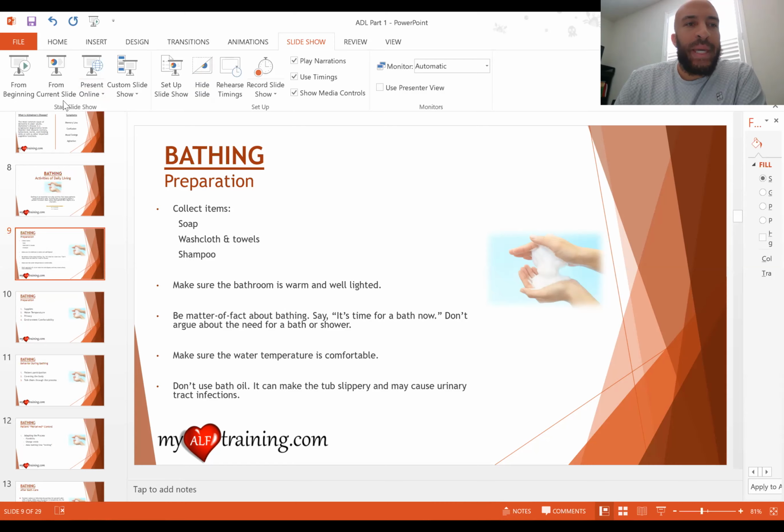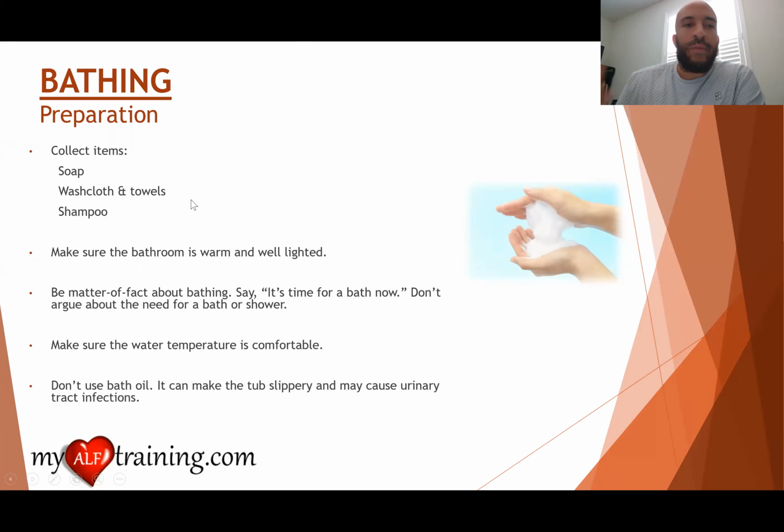So, bathing. First, preparation. When you're preparing to assist a patient with bathing and completing this ADL, you first start off with preparation. You want to make sure that you have soap, a washcloth, and a towel.